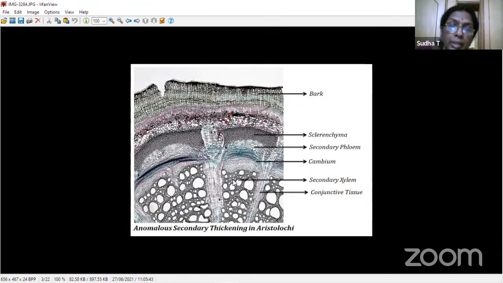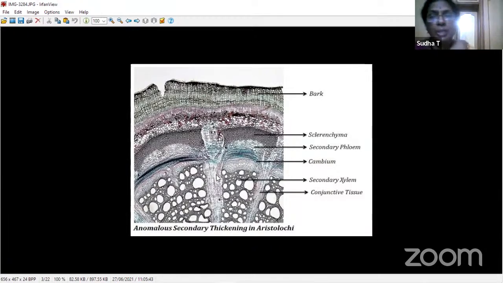The secondary xylem normally will be a continuous thing and forms a compact ring-like structure. But in the case of Aristolochia, it is a cleaved secondary xylem cylinder, which is very unique, and it is not going to make any hardwood also because of this reason.